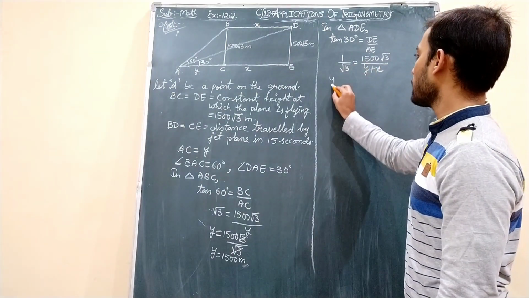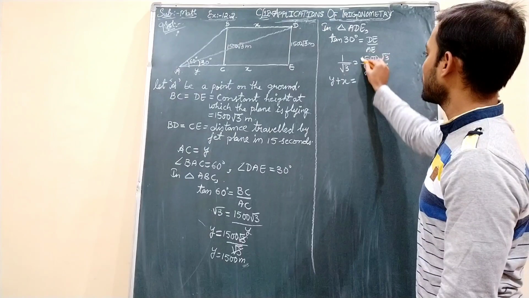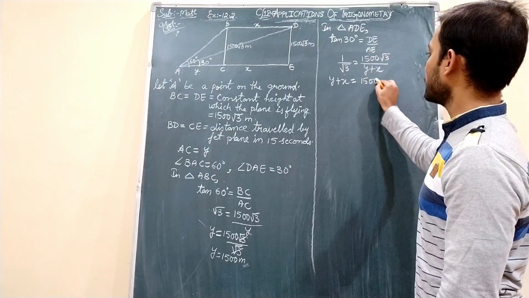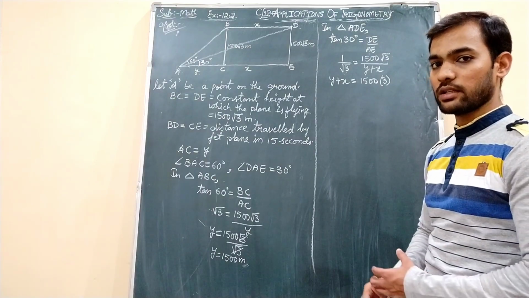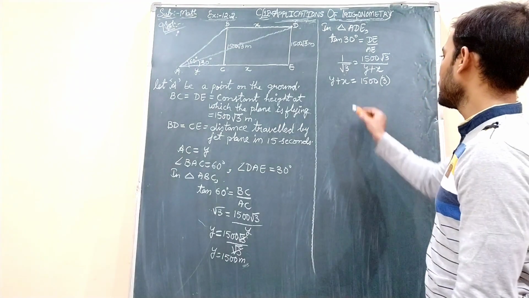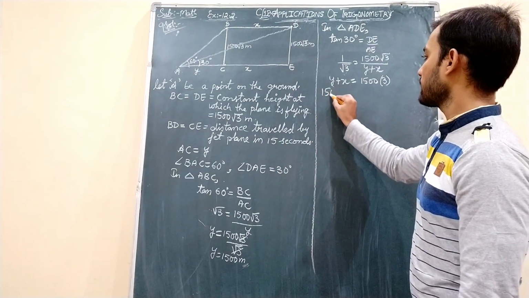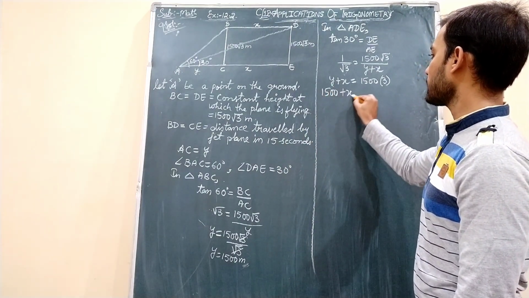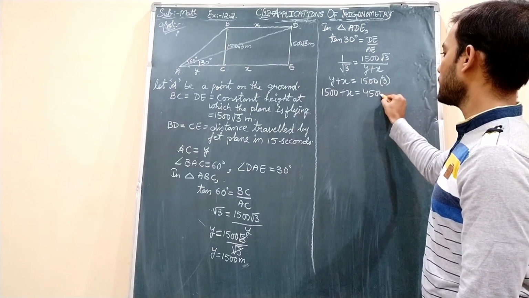Y plus X on one side, and root 3 into 1500 root 3 on the other: 1500 remains as it is, and root 3 into root 3 becomes 3. We did this step initially also. Then the Y value we just got is 1500. I will substitute: 1500 plus X equals 1500 multiplied by 3, which is 4500, students.